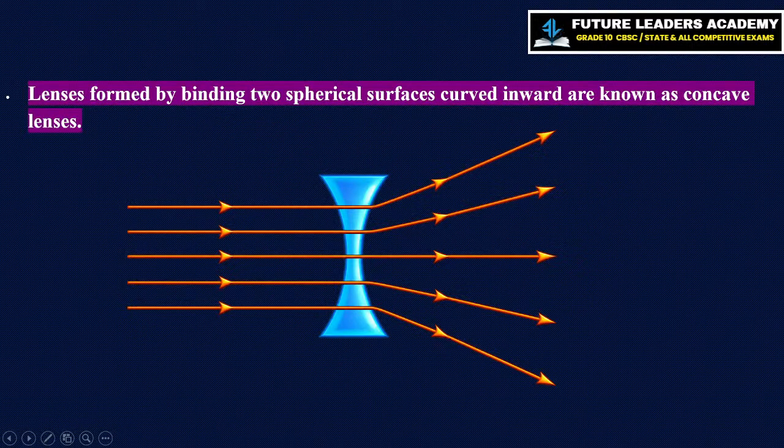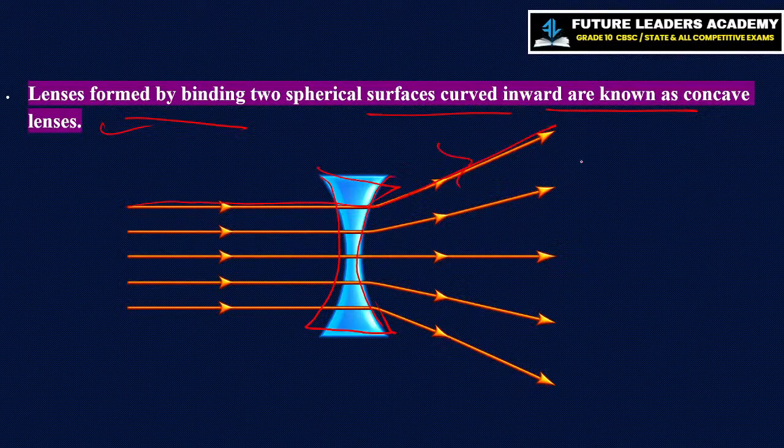And this is the next one, that is, lens formed by bending two spherical surfaces curved inwards. Inward, when we join two, what do we get? We get concave. Known as the concave lens. So when the light ray passes, this will diverge. Before that you have studied that it was converging, like this. This is diverging.